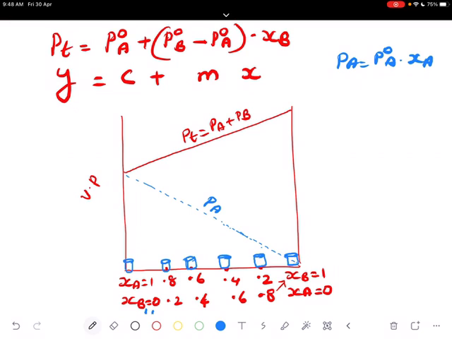Now you consider this one. In this, XB is increasing, and here PB is equal to P naught B XB. So XB is increasing, so the graph is going up.